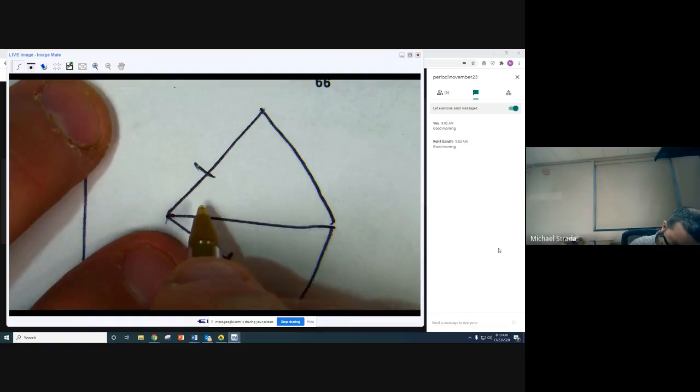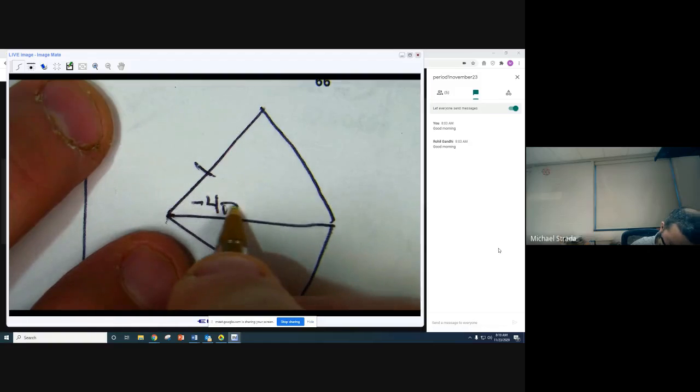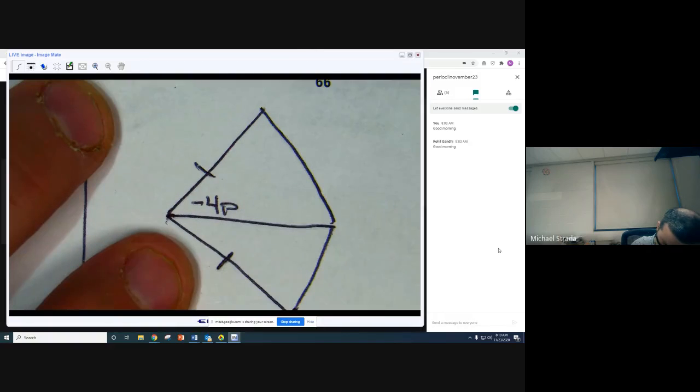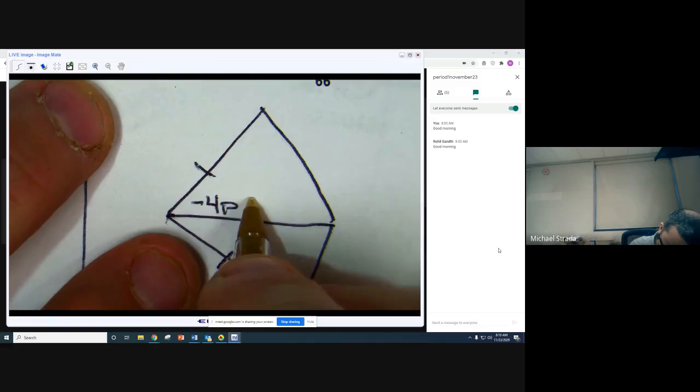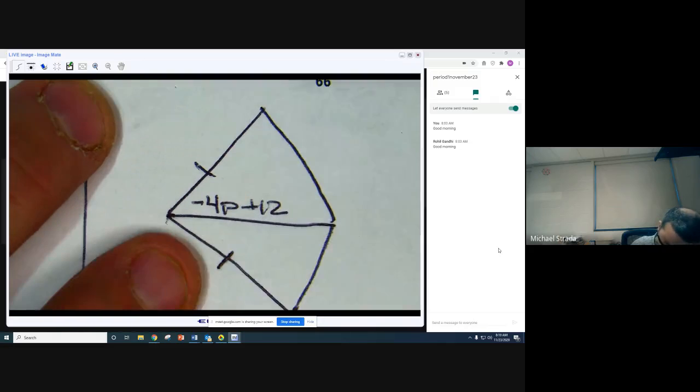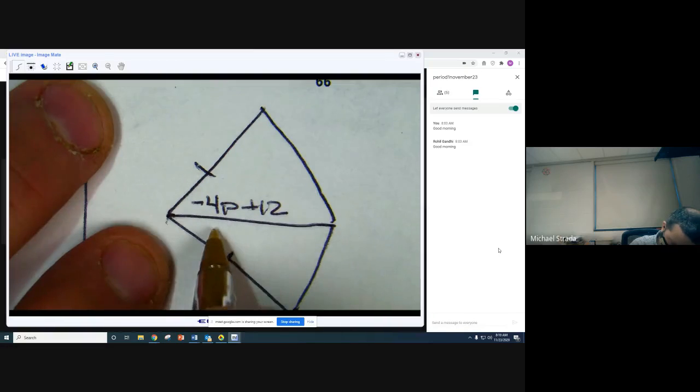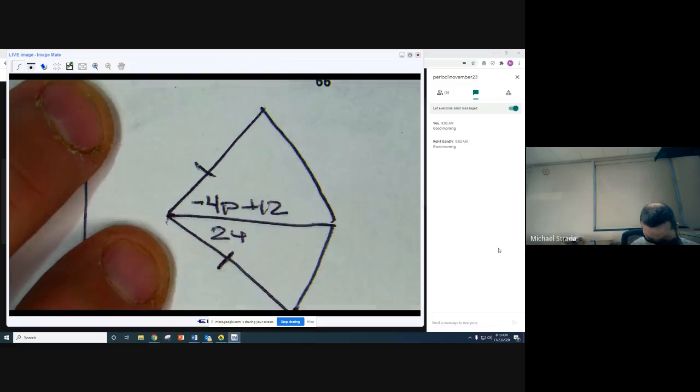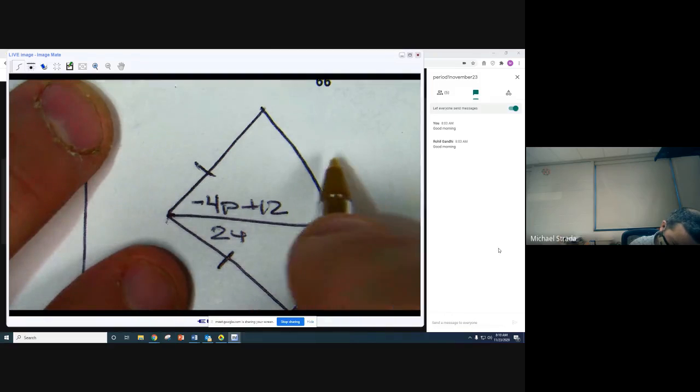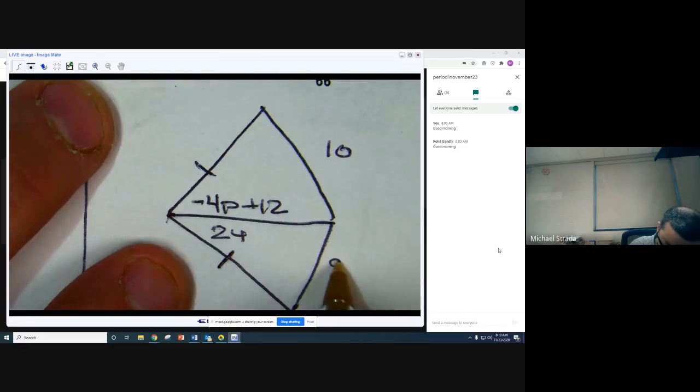And let's say this is negative 4p plus 12. And this is 24. And we'll say this is 10 and that's 8.